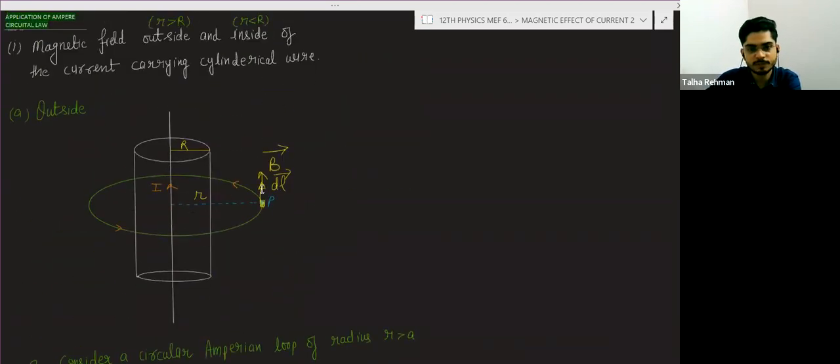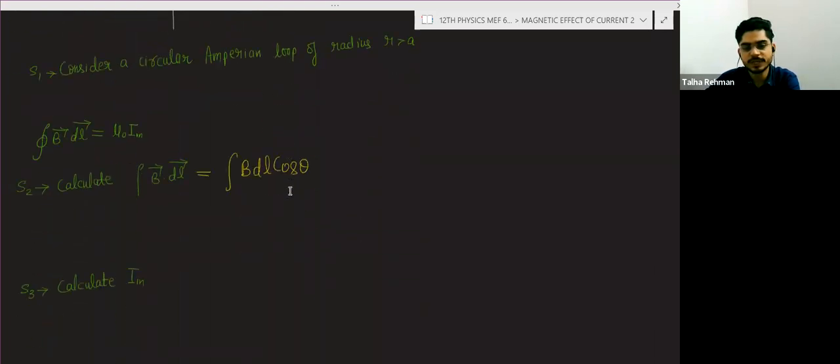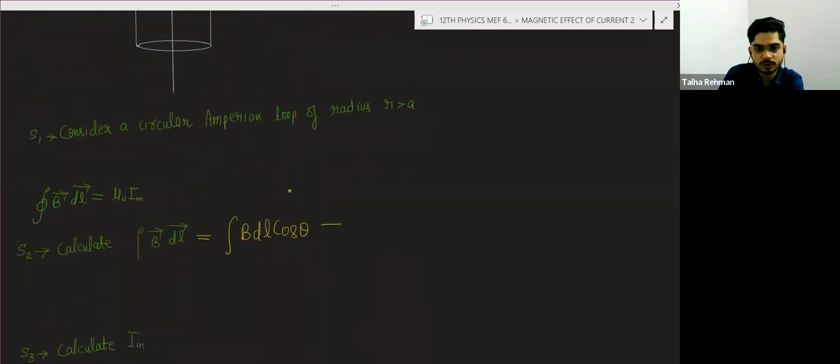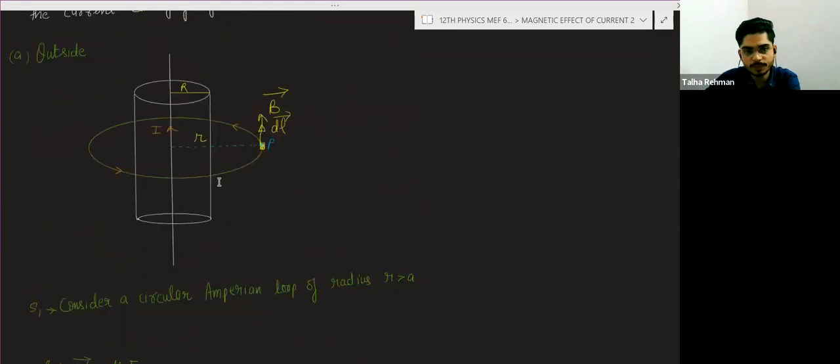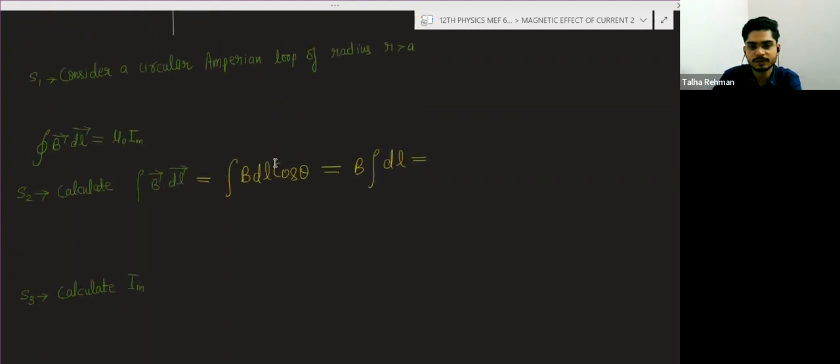See here, the direction of B and dl are the same, so theta will become 0 degrees. So B will be out of the integration. Here dl is the length of this loop, which will be 2 pi into small r. So your B dot dl will be B into 2 pi r.